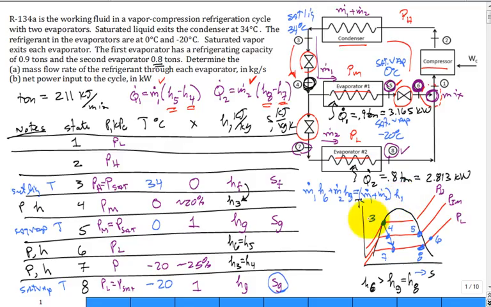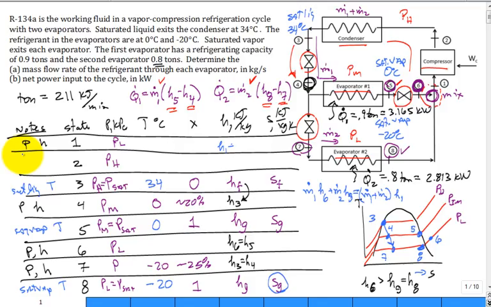In that equation, once I calculate m1 and m2, there's only one unknown, H1. And so H1 is calculated. So when I come over for state 1, it's that low pressure and the enthalpy that fix that state.